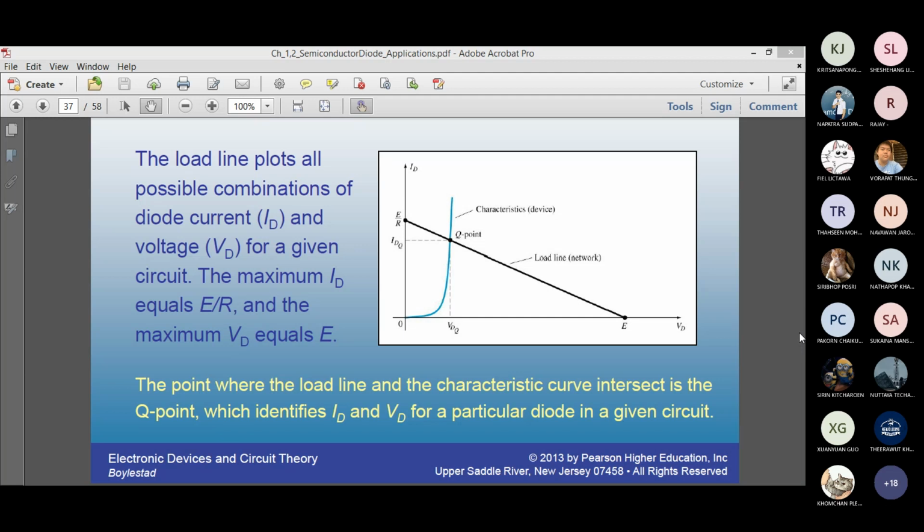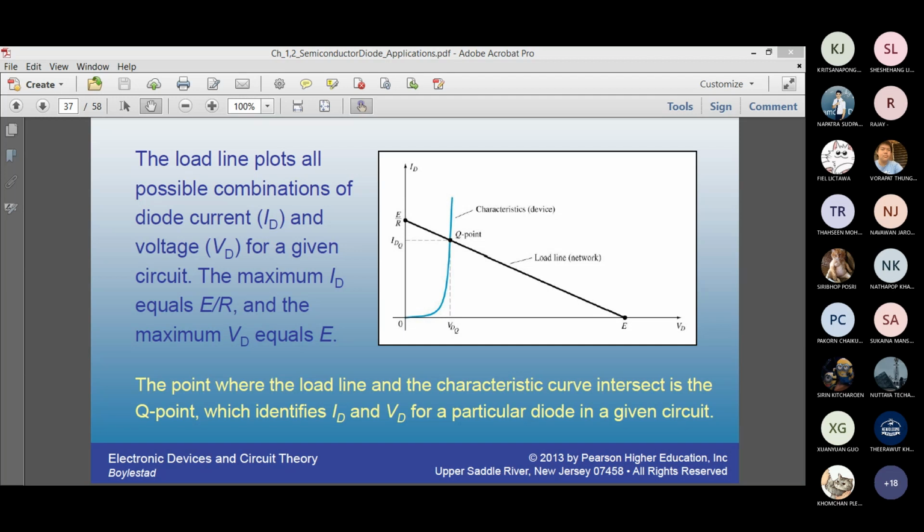Decided by the network. Decided by the network, and what does it mean by the network? What is the meaning of network in this case? The network means the circuit.